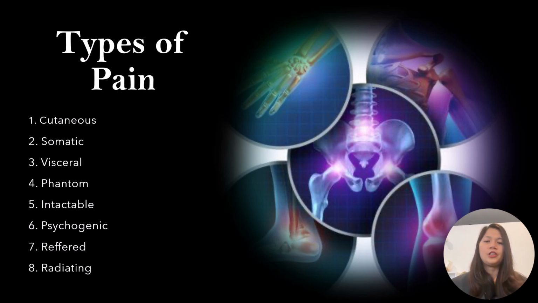And then we have radiating. Radiating means extension. So the pain is extended to the other parts of the body. The best example is herniated disc. The patient is suffering from lower back pain, and then it extends or runs down to his legs.